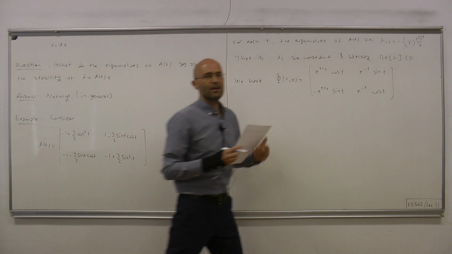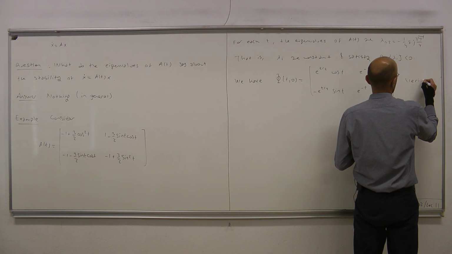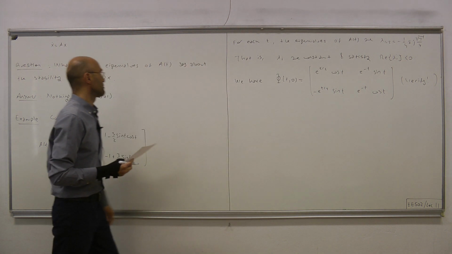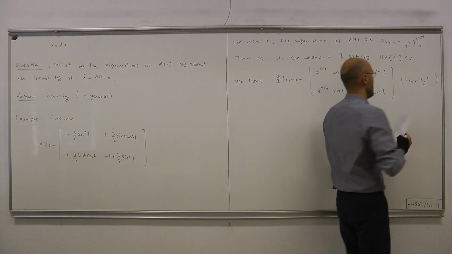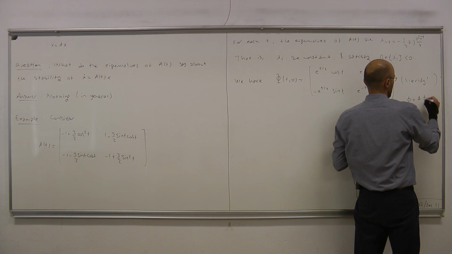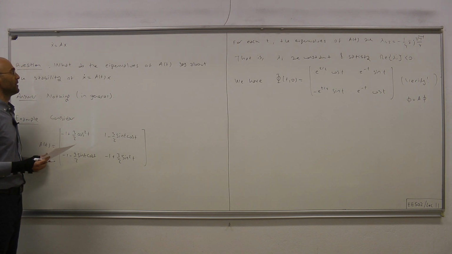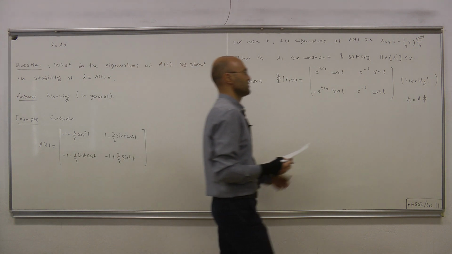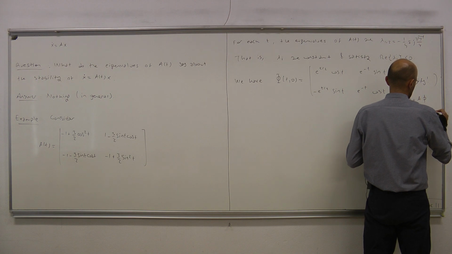Again, it would be a nice exercise to verify that this is the state transition matrix corresponding to this A matrix. All we have to do to verify is show that it satisfies phi dot equals A phi, that is, it satisfies the differential equation described by the A matrix, plus it satisfies the initial condition phi(0,0) equals the identity matrix.